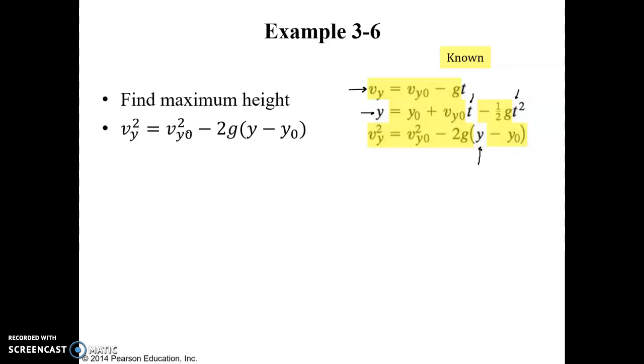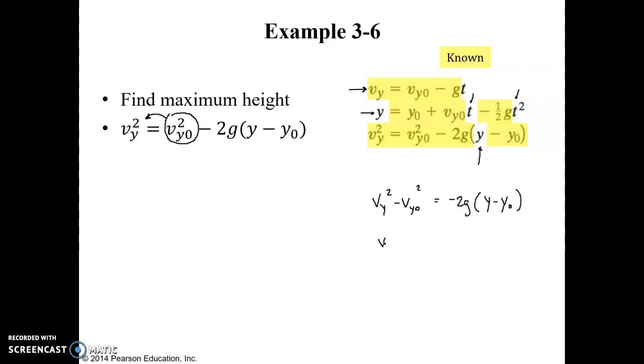Okay, so I'm going to do that by subtracting this term from both sides. I'll take that over here. And so I'll end up with, I'm going to write it over here, vy squared minus vy naught squared equals negative 2g times y minus y naught. Okay, now I want to get rid of the negative 2g, so I'll divide both sides of the equation by that.